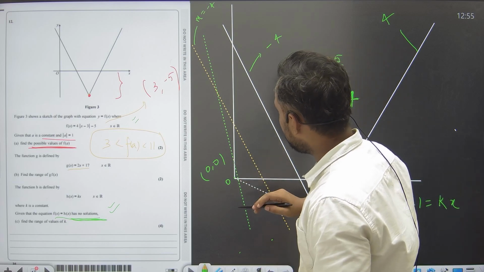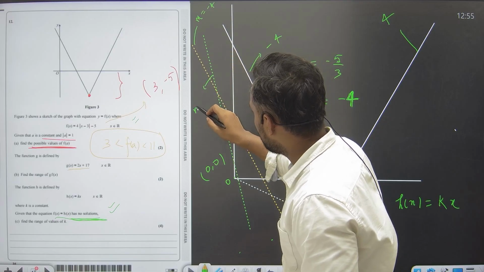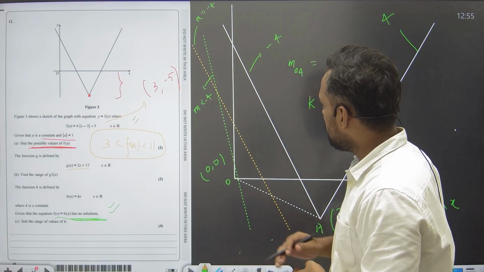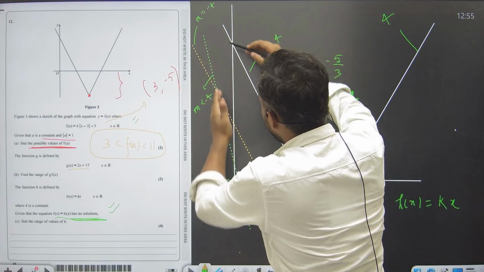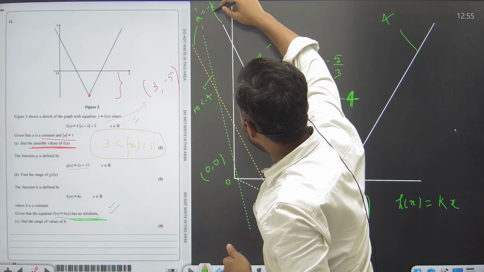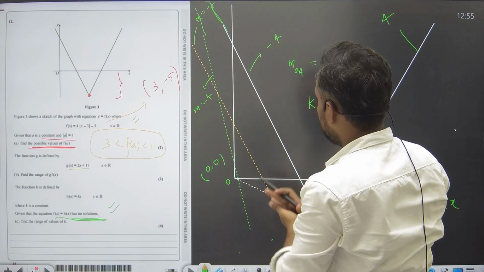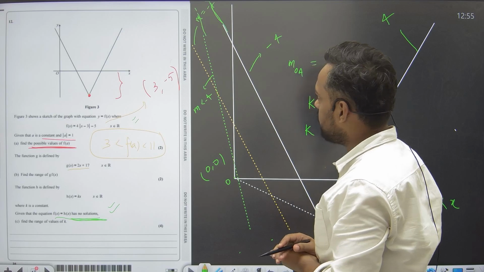So we can see that if the slope is less than negative 4, this particular line will be intersecting somewhere on the top with this function f(x), because it is tilted toward the upside. So k can't be less than negative 4.